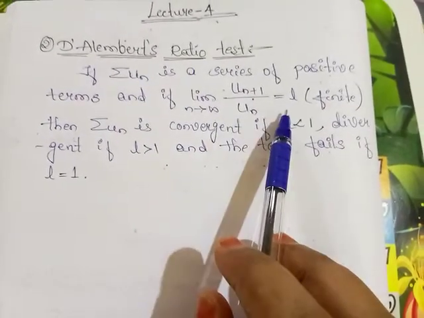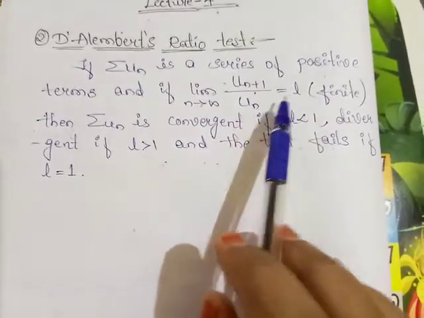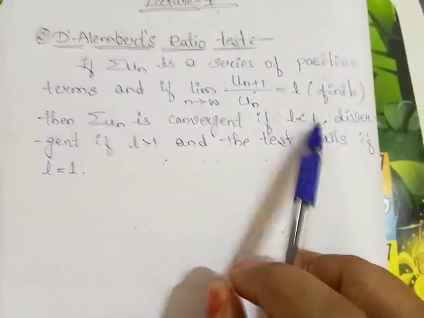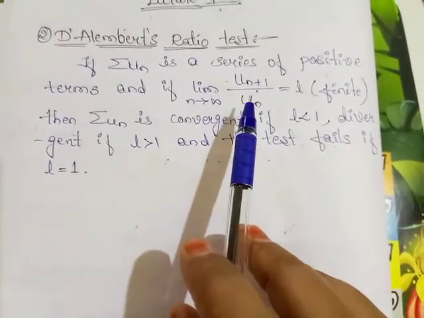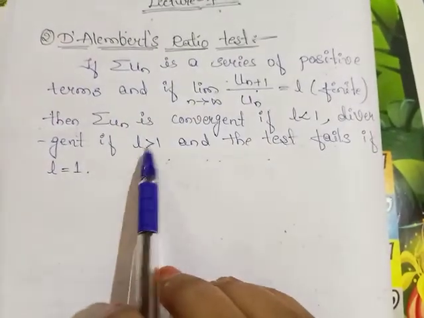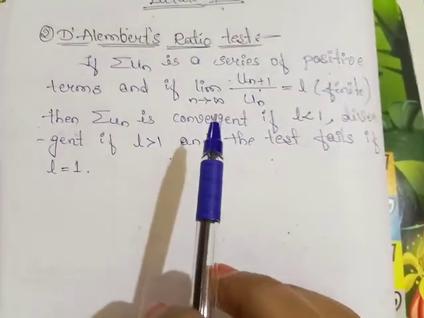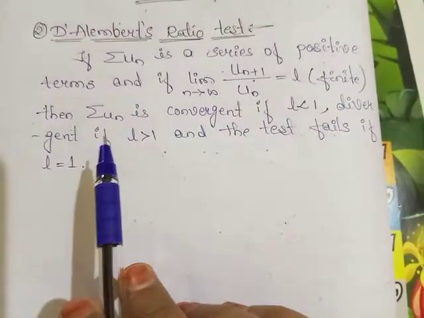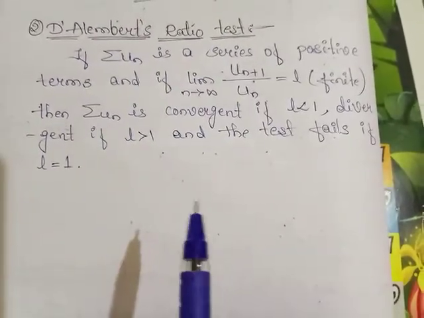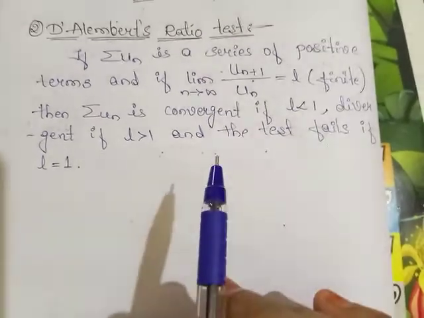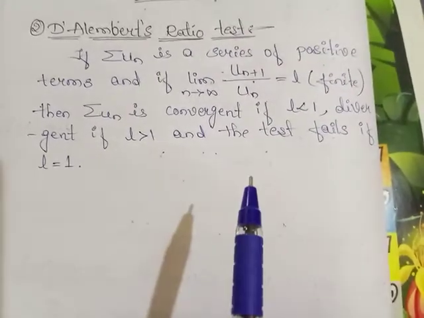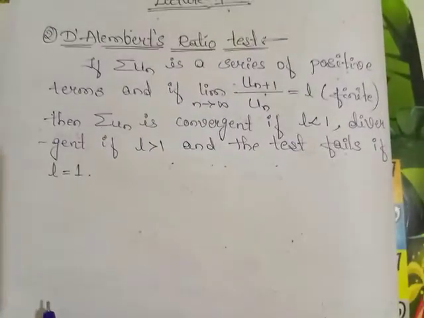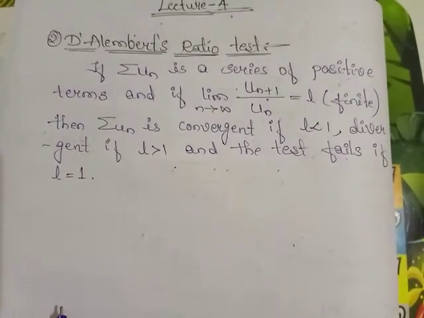If this limiting value is equal to a finite quantity, if that finite quantity is less than 1, we say that the given series is convergent, and if that value is greater than 1, then we say that the series is divergent, and if L is equal to 1, then we say that D'Alembert's ratio test fails for that given example. Okay, now let us see the examples.